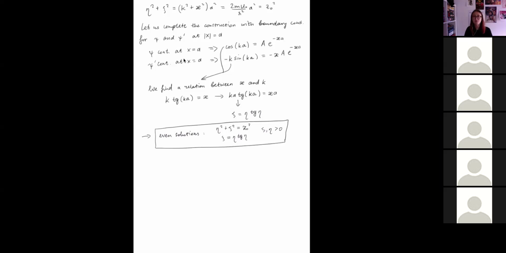One can solve this numerically. And bear in mind that z0, the value of z0, is just given by the problem itself, because it is determined by the mass of the particle and by the size and depth of the well.